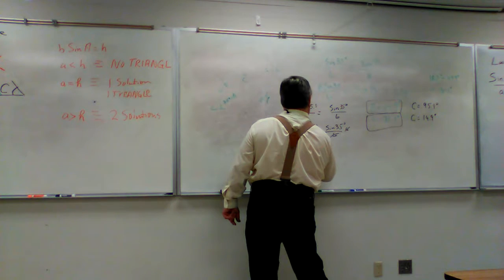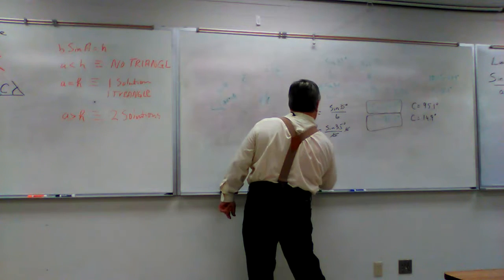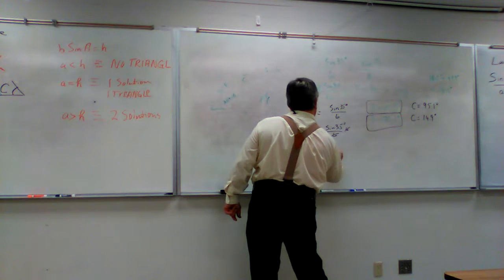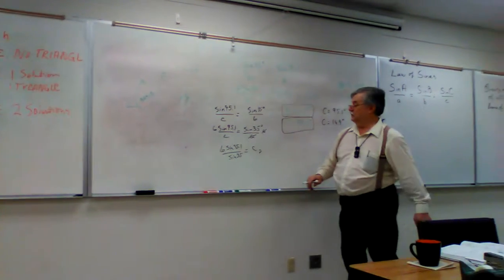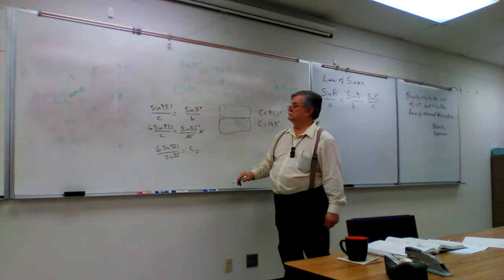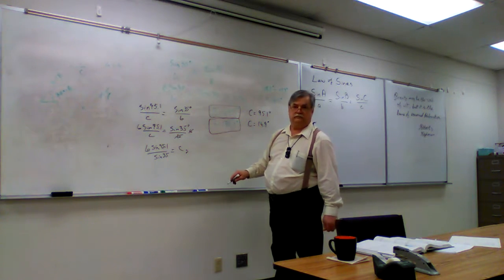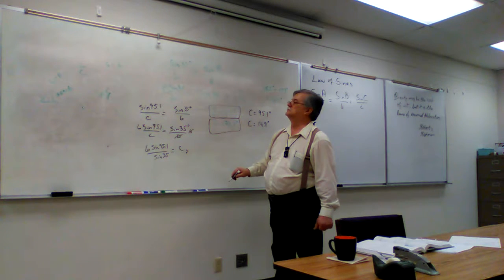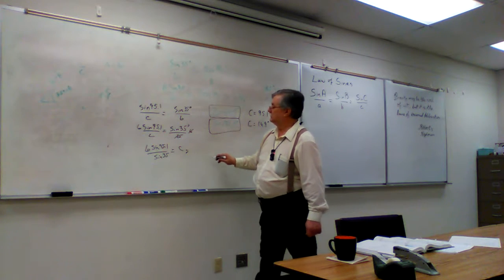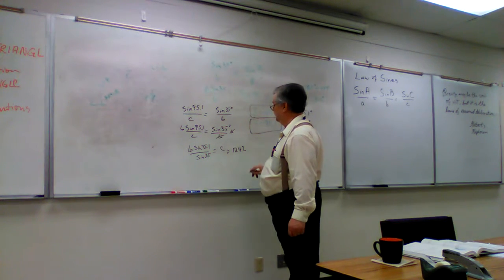We end up with 6 times sine of 95.1 divided by sine of 35 is equal to c. And somebody give me the number. 10.42.